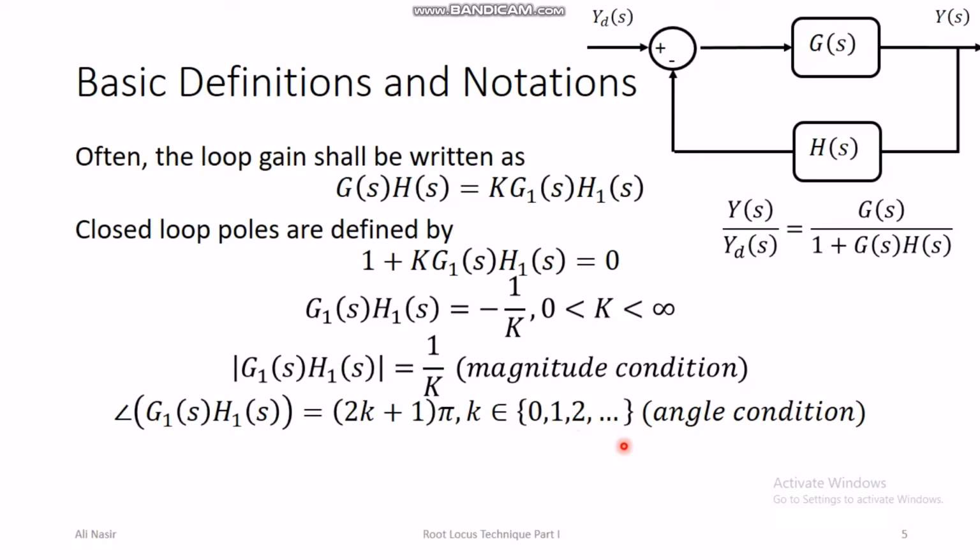So these are some basic definitions and notations of root locus, where we have the magnitude condition and the angle condition, and we have defined some factor K, and we'll continue this discussion.